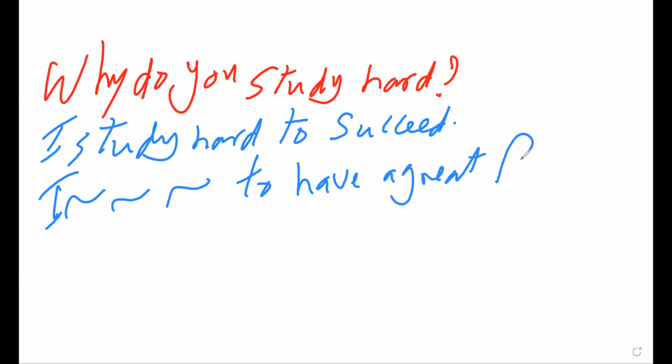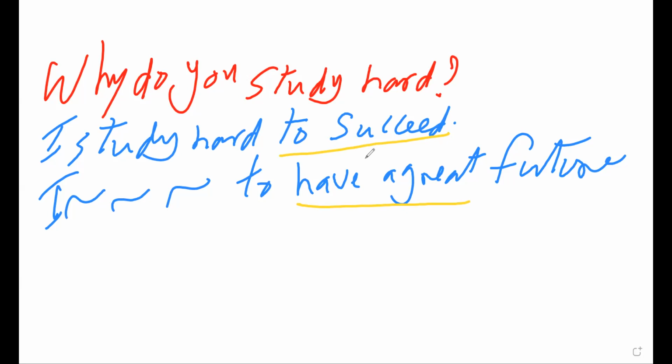A great future. So what is this? Here, to succeed, to have a great future. We call it what? To plus infinitive. After to, you need to use verb 1. Verb 1 here, I mean, without S, without ED, without ING.